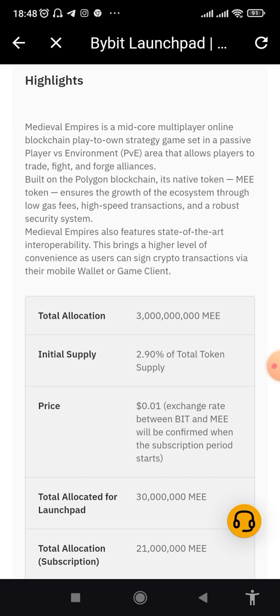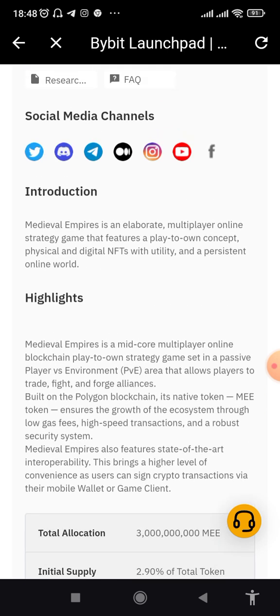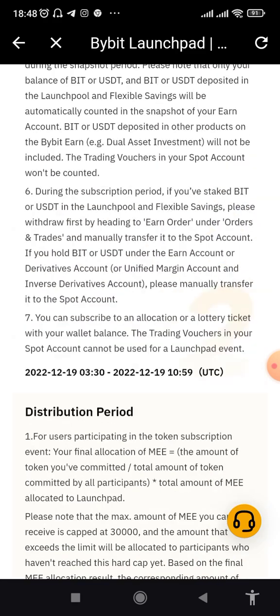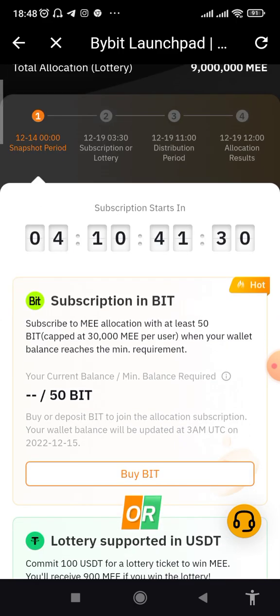Most of them have done 2,000%. So that's a good thing. That means you'll be making more than 20x or 30x, even up to 60x. You can 60x your money. Okay, so that's the reason why you should join this launchpad. It will make you money.